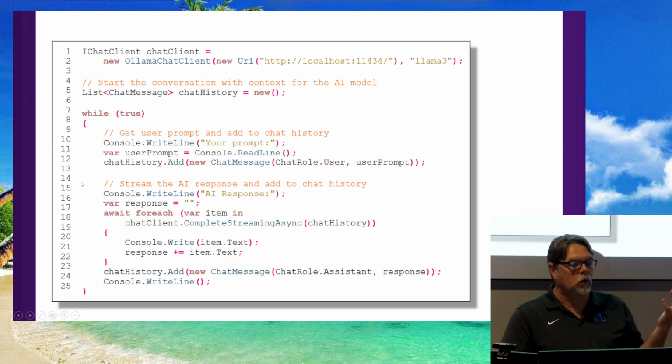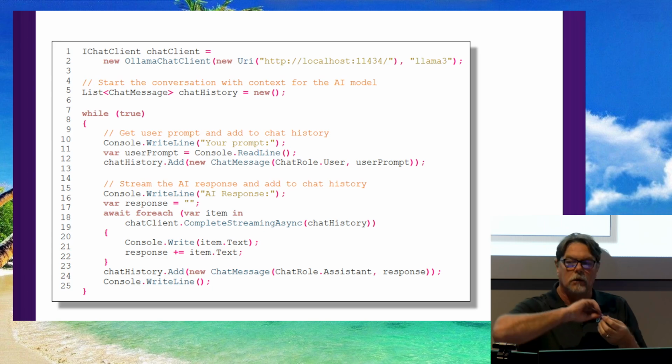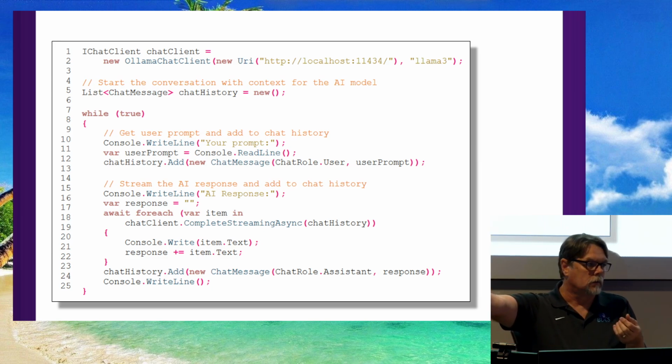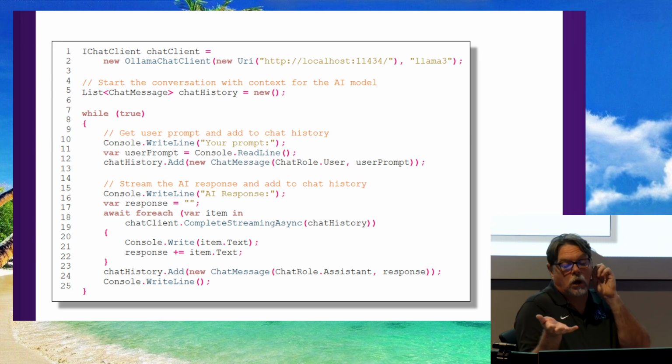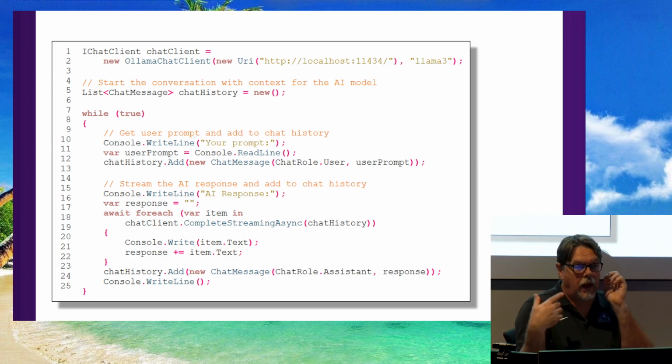We're just going to keep looping. What this loop does is ask the user for a question, get the question, send it to Llama, get the answer back, display it on the screen, and loop around and ask another question. It's just a simple chat bot. You can play around with it, ask it questions, see the answers.